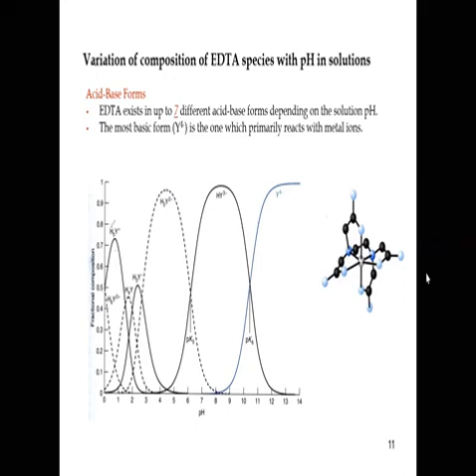This curve here is for this species, and one curve coming from this side like that is for this species, and another curve coming from this side like this is this one, and this one like that.